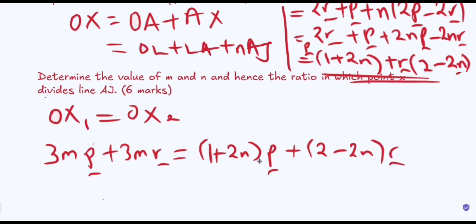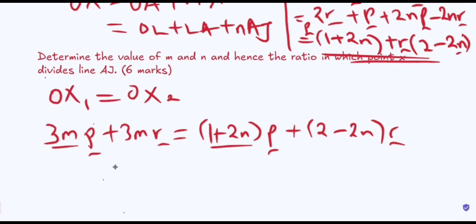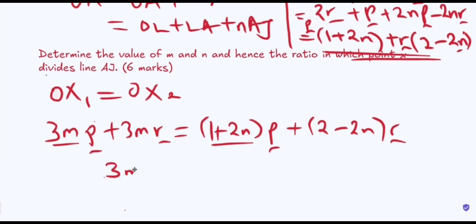So zile za p, coefficient za p ni hizi, sawa. So don't take everything ukaequate yani mpaka ile p, so just equate the coefficients za p. Coefficients za p ni 3m upande wa left na equal to coefficients za p upande wa right, which is 1 plus 2n. So this is your equation 1. Coefficients za r hapa ni 3m as well, you equate to the coefficients za r upande wa right, which is 2 minus 2n.